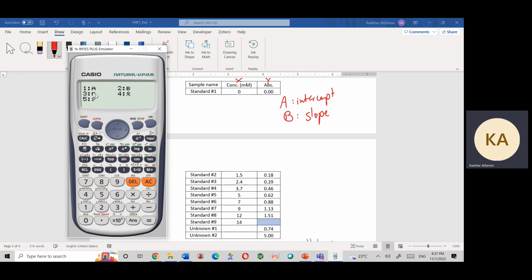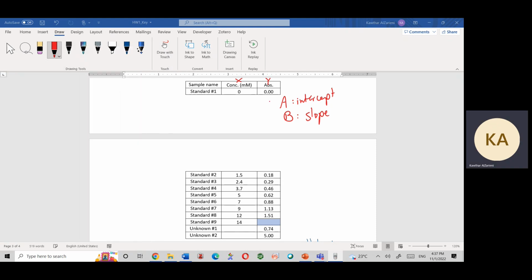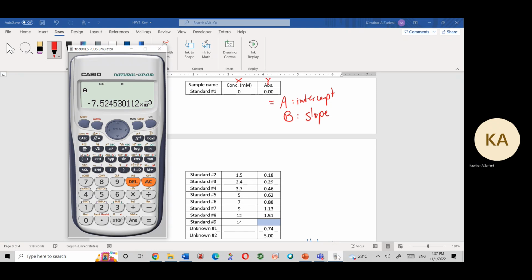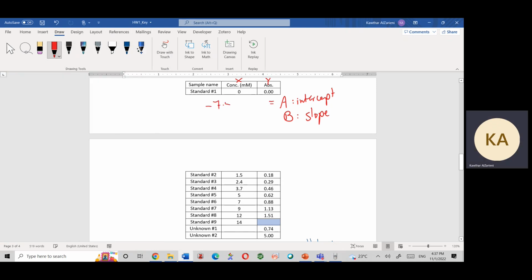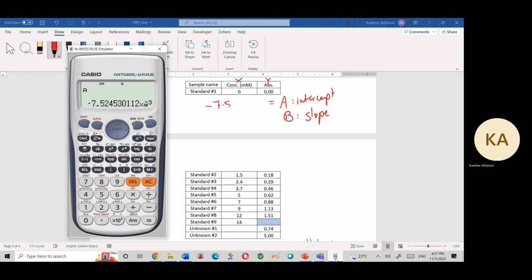Now I'm going to hit 1 if I need the intercept, equals. So my intercept, which is A, is equal to negative 7.5245.